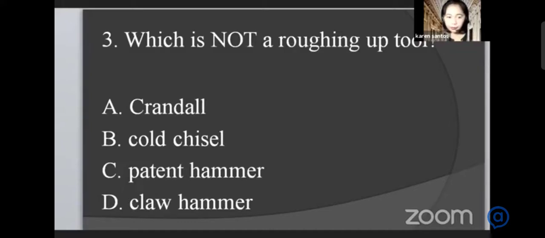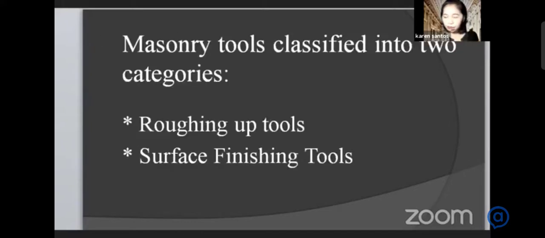Like what I've said, this is a part of your review for the last remaining minutes. Masonry tools are classified into two categories. The first one is the wrapping up tools, and the second one is the surface finishing tools.